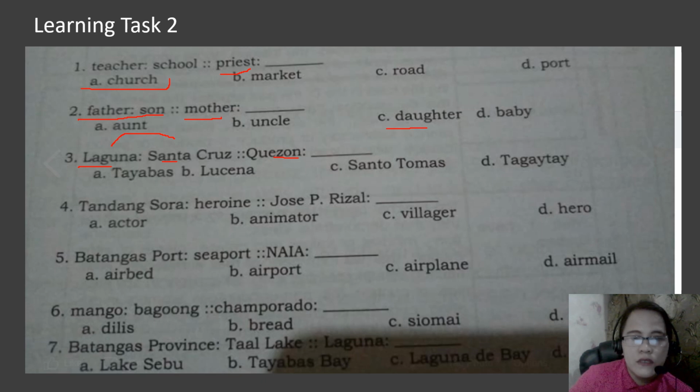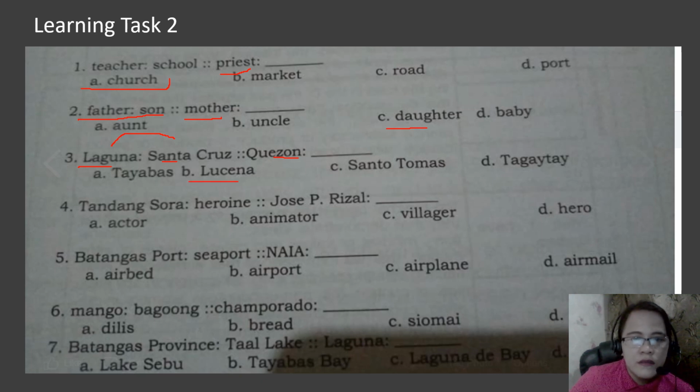Anong lugar dito ang nasa Quezon? Ano nga ba ang relasyon o relationship ng Laguna at Santa Cruz? Ang Santa Cruz ang capital city or kabisera ng Laguna. So, kaya ang hanapin din natin sa Quezon ay ang kanyang kabisera. At ang kabisera ng Quezon ay, okay, you're correct, Lucena.